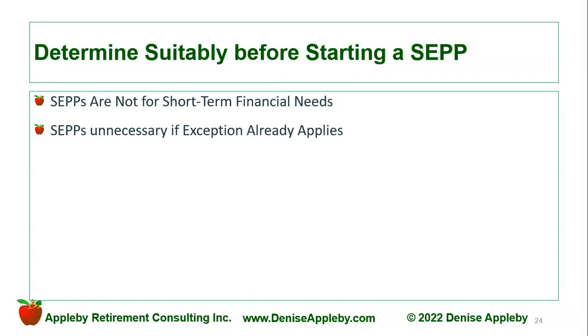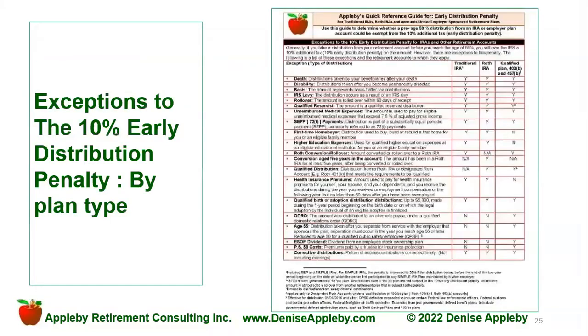Also, we want to check to see if a client qualifies for an exception other than the 72T program. So for instance, if the client is taking distributions and they qualify for higher education expenses, and that's the purpose of the distribution, then they won't need to take a 72T distribution because the 10% early distribution penalty would not apply anyway.